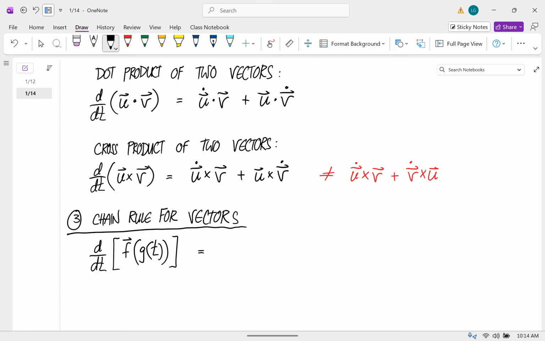Well, the chain rule says that this is equal to the derivative of f with respect to g times dg/dt. Or you could also write that as derivative of f with respect to g times g dot.